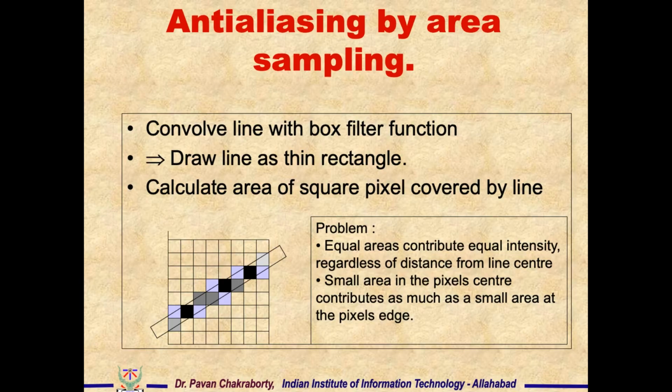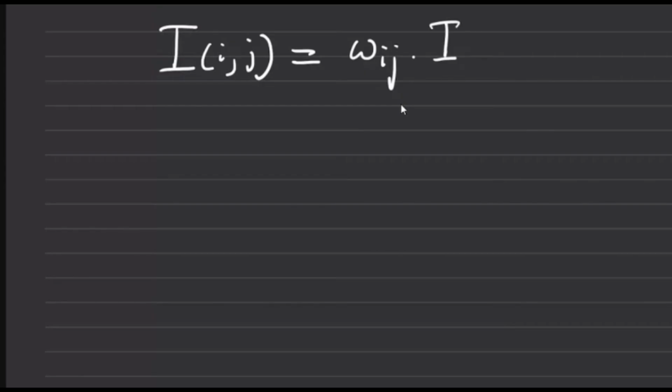If the whole pixel is part of the line, it will have the same intensity as the pixel which is absolutely in the center of the line. So you have an intensity pattern where I of i comma j will be equal to the weight of ij times I naught.